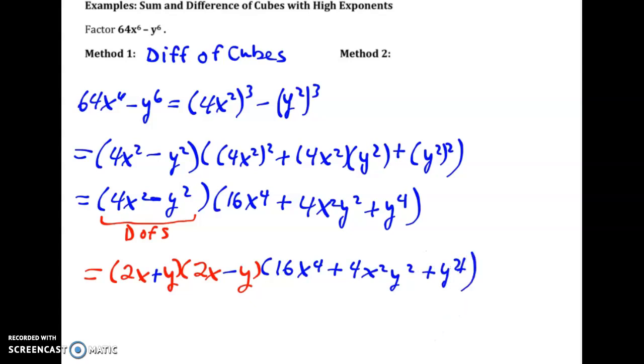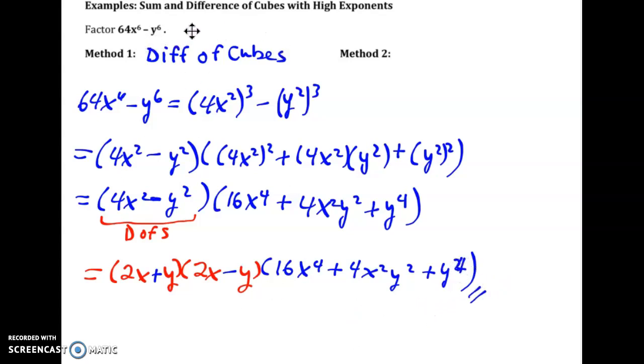That should be a 4. And then for this last term here, we don't know how to factor that, and so we would be done right now. This is as far as we know how to go.